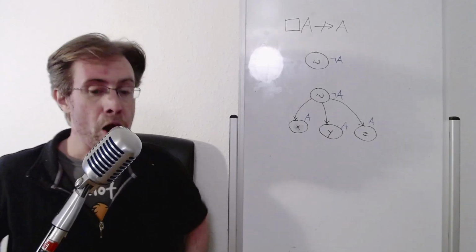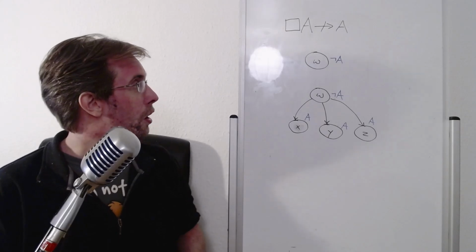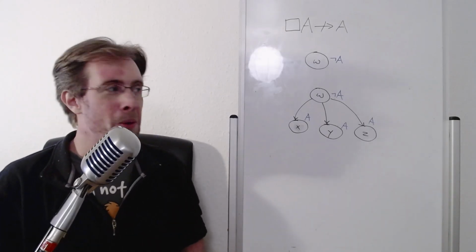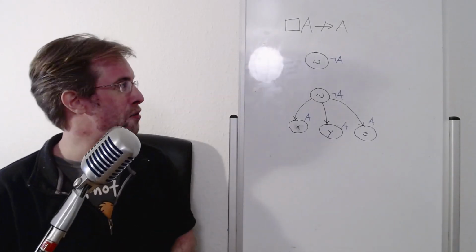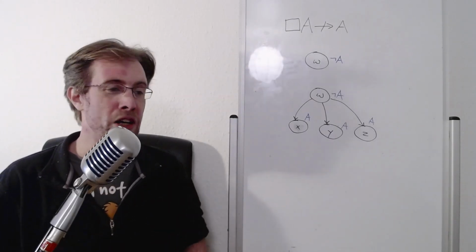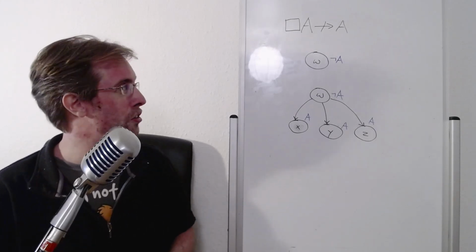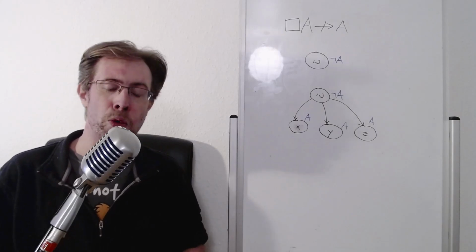Now, how might you get around this? Let me grab a pen. Well, you might look at this first example and say, box A is true at W here, but for a bad reason. It's true for the reason that there aren't any states accessible from W, so it's an empty quantification.